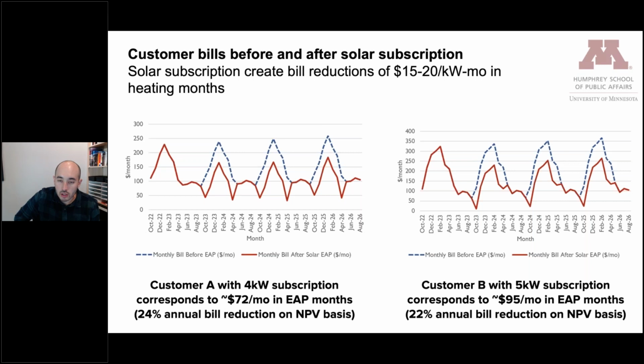And so for a household that is spending $100 to $200 to $300 a month in the heating season, we can calibrate their subscription size to be able to hit that 20% or more bill reduction over the course of a year, which means, of course, a lot more benefits in those heating months. But that rough figure, $15 to $20 per kilowatt per month, is pretty constant across a lot of different scenarios and sensitivities that we looked at.